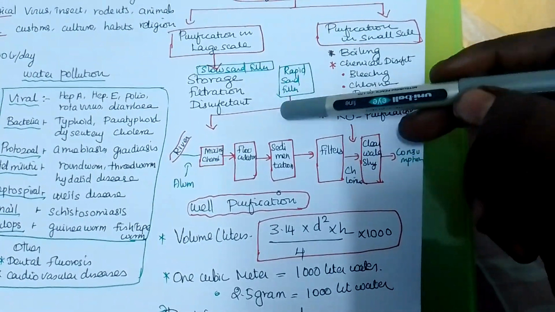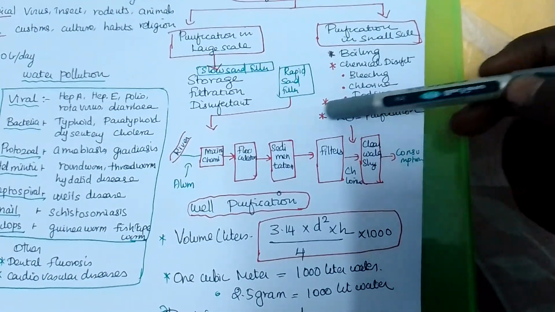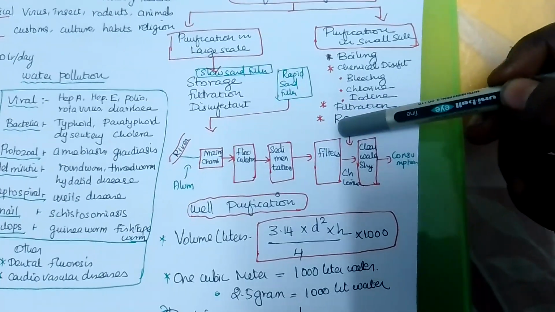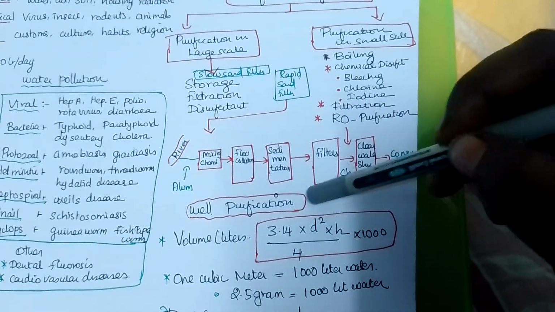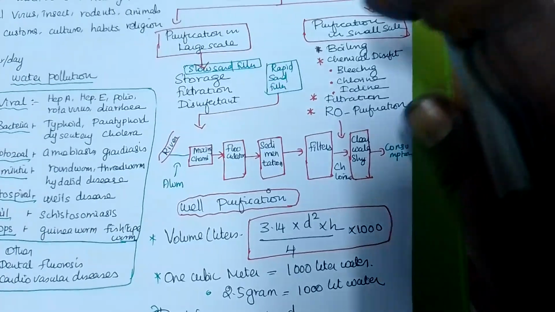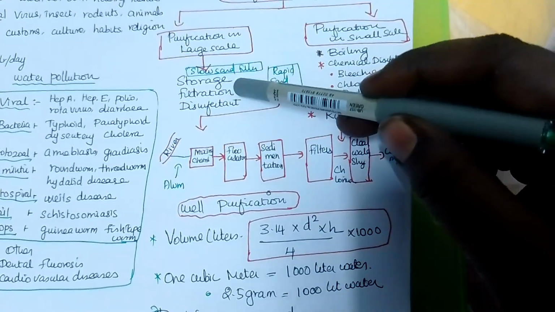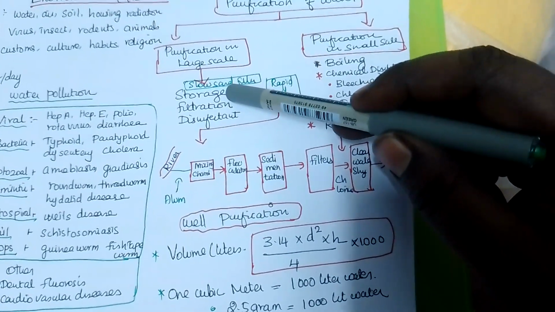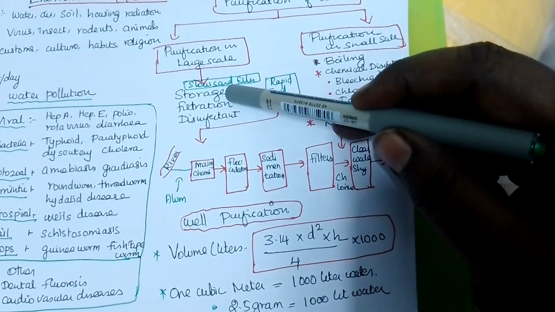So sand is there, gravel is there, small stones are there, large stones are there, and there will be a pipe. You put the water in a storage. In the storage itself, half of the microorganisms will settle down.